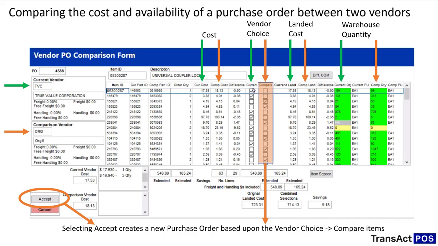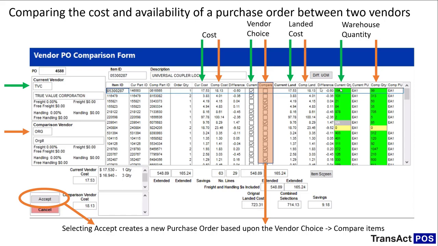The system will first establish where that item will be coming from based on the cost of the item. If the other vendor has a lower cost, then it automatically selects the compare for that other vendor. The far right compares the availability of product in each vendor.